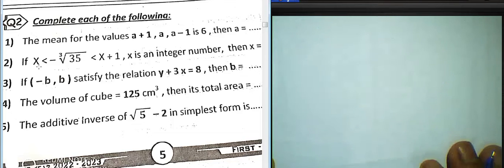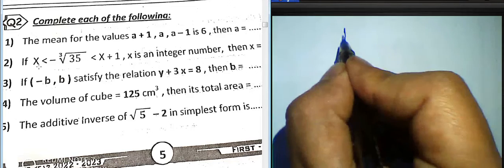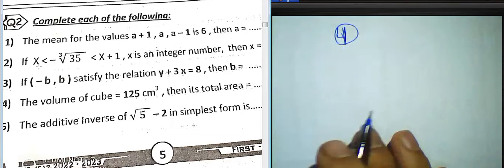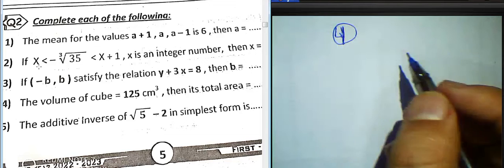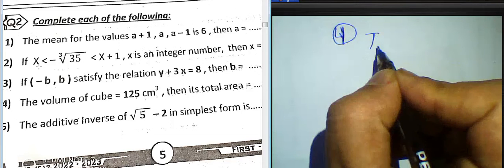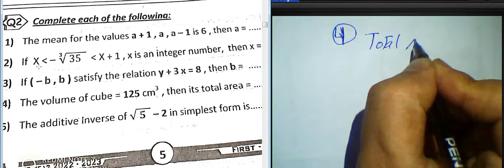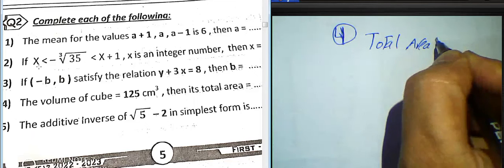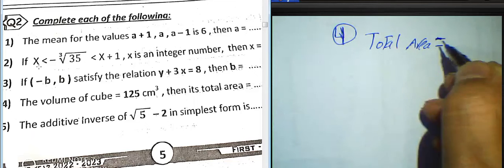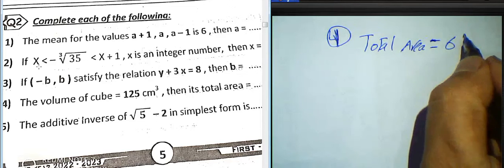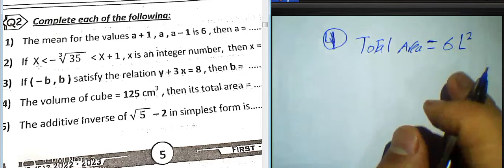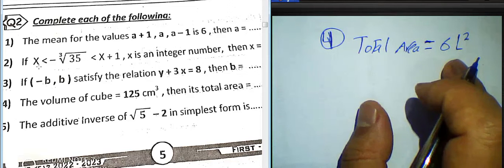Okay, question number 4. The volume of a cube is 125; find its total area. We know total area equals 6 L power 2, where L refers to the length.